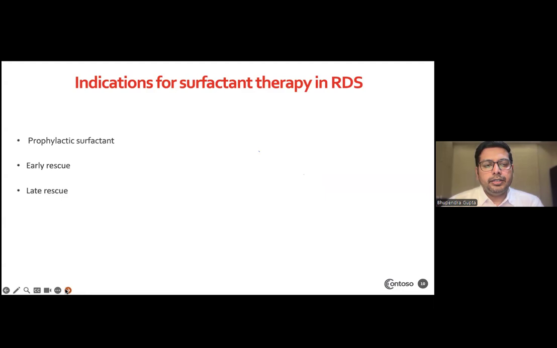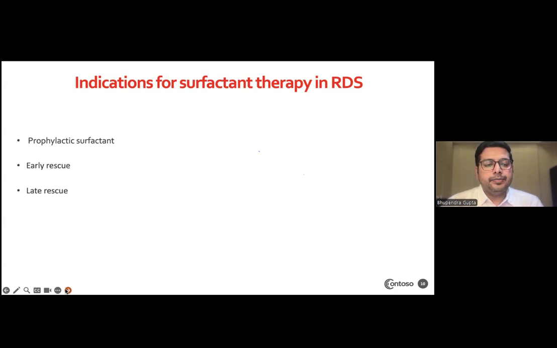Now, there are broadly three ways in which we decide to give surfactant in preterms. The first one is prophylactic surfactant. Initially there was wide usage of prophylactic surfactant, but evidence does not support it. Still, in clinical practice, when the neonate is less than 26 weeks, the mother has not received antenatal steroid or the steroid is incomplete, and the baby is intubated in the labor room, then we use prophylactic surfactant.